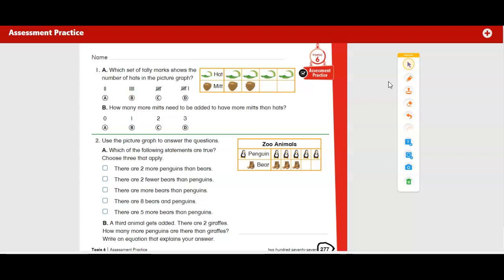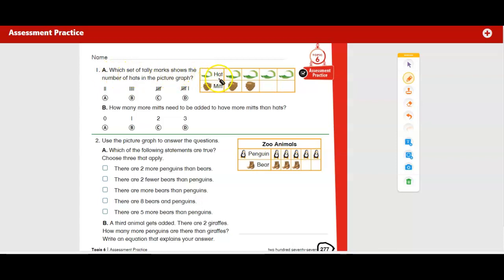Notice how questions number 1 and 2 have 2 parts on them. You must answer part A and part B. For number 1, part A says, which set of tally marks shows the number of hats in the picture graph?